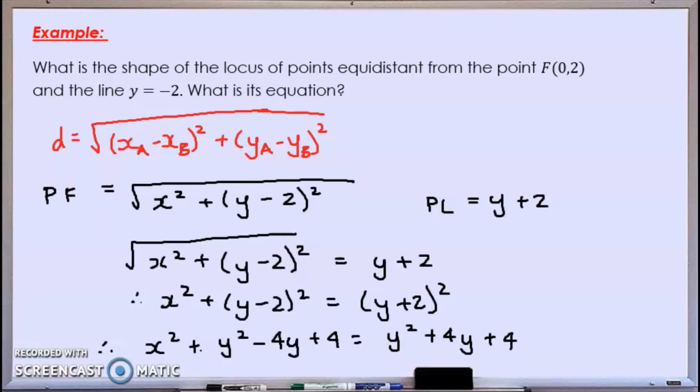So now what we're going to do is simplify and come up with our equation. You'll notice that I have a y squared on this side, so I'm going to take that out. And I have a y squared on this side, so I'm going to take that out. You'll also notice I have a 4 on each side, and I'm going to take that out. So it means I end up with a relatively simple equation.